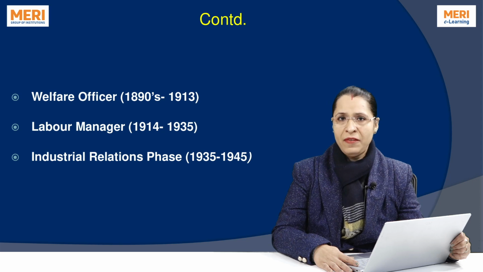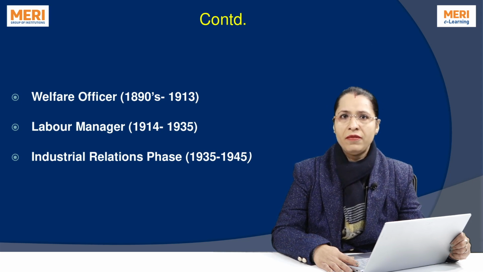Followed by the next phase, the labor manager phase, started in 1935, acted as an intermediary between the management and the workforce, ensuring effective communication and cooperation. Third, the industrial relation phase, started in 1935 and ended in 1945. Here, various labor laws were introduced to improve welfare, including the appointment of welfare officers in factories.